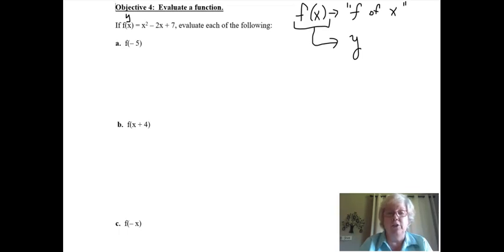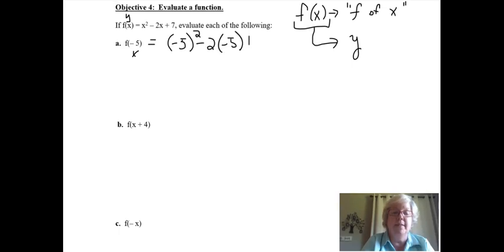Now we use function notation to help us know what the input or the X value is. In this first example A, it has F of -5. That means to replace the X with a -5. So in the original problem there, I'm going to replace that X with the value of -5.